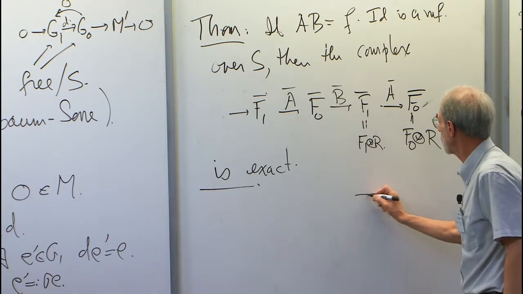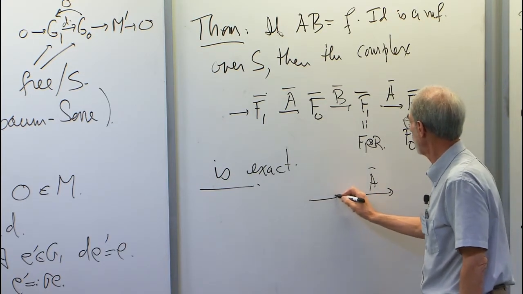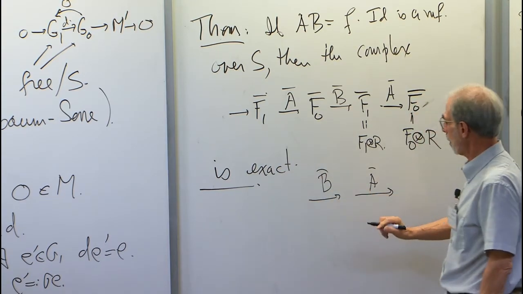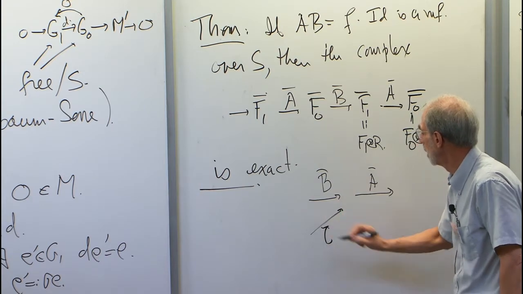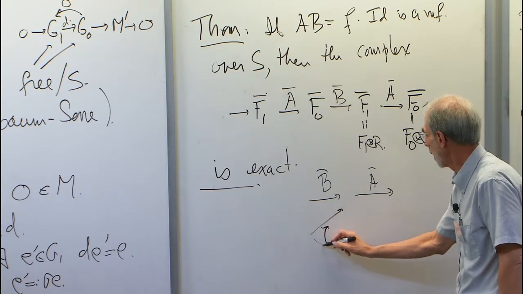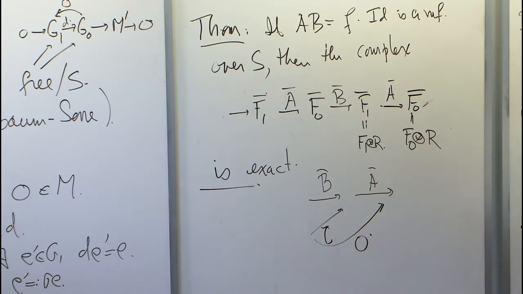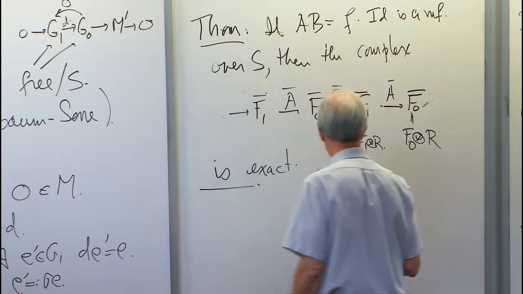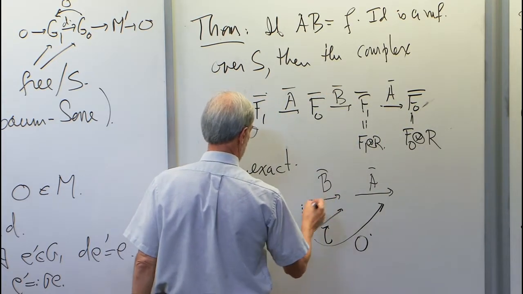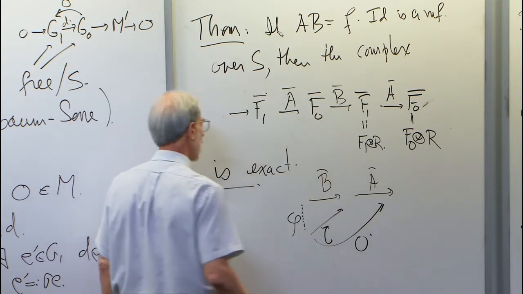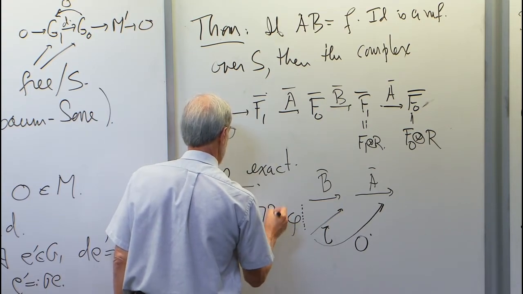Here's A bar, and here's B bar. And suppose I have some other map, let's call it C bar, which composes with A to be 0. Right? That's the picture I have to think about. These are all maps of free modules. Then I have to find a map here, call it phi or something, that makes the diagram commute. That's what I want to prove.